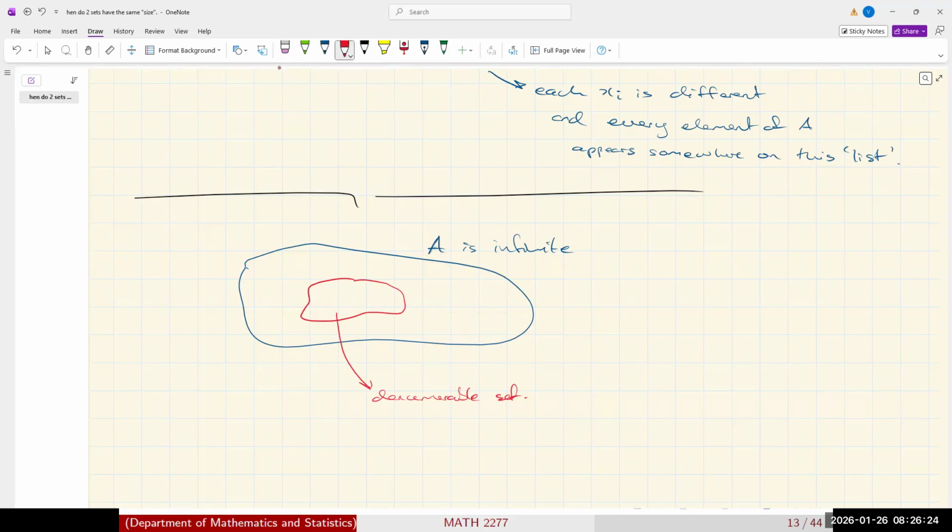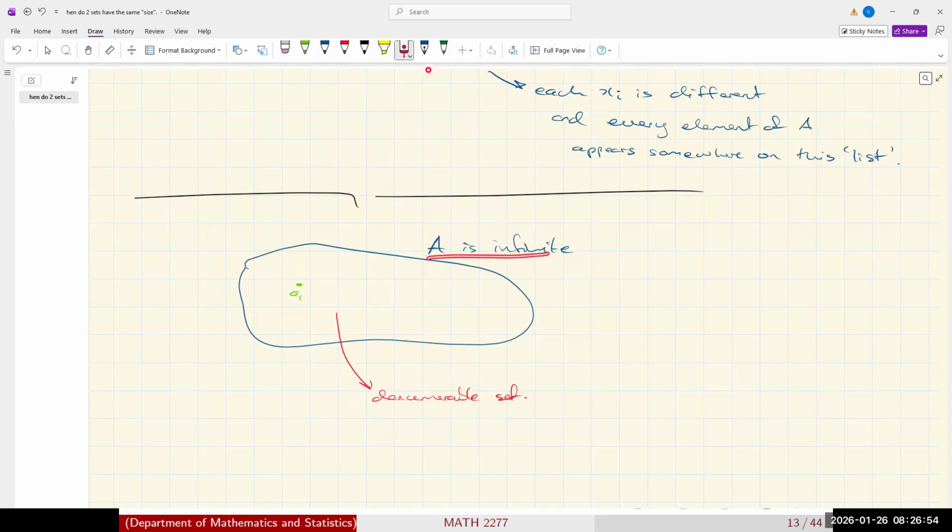To construct this denumerable set, since A is infinite, we're going to take any element of A, call it a1. Then we're going to take another element of A different from a1. The whole argument is: how is there another element of A different from a1?